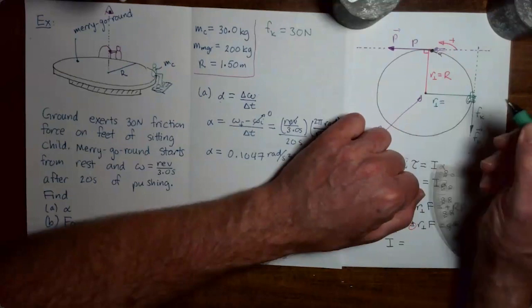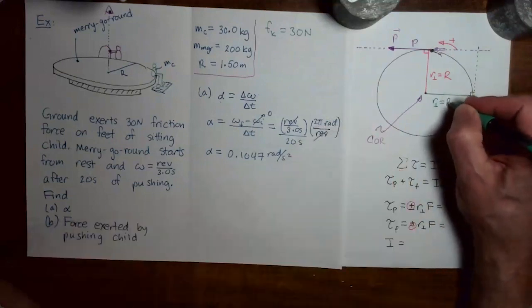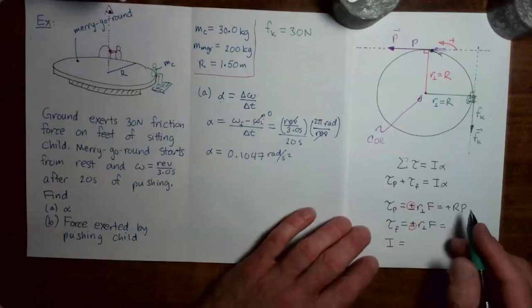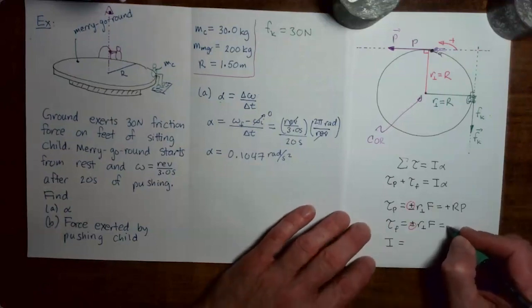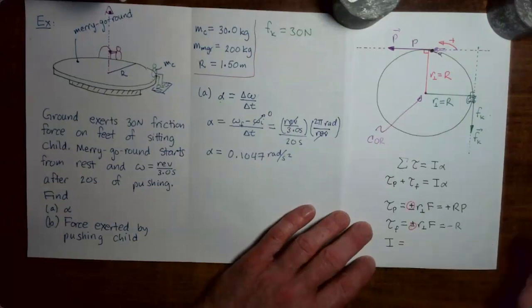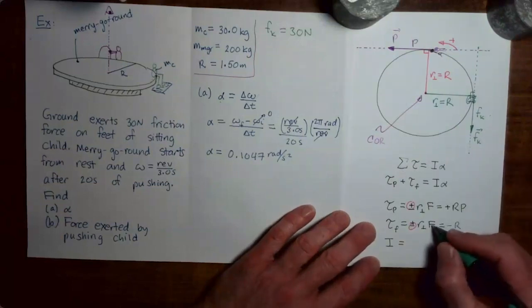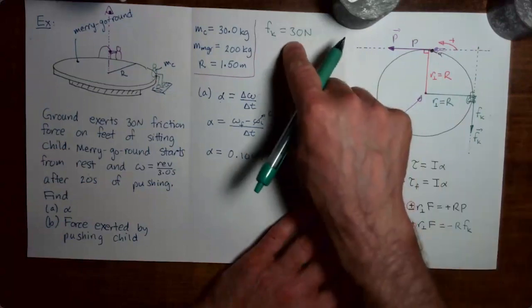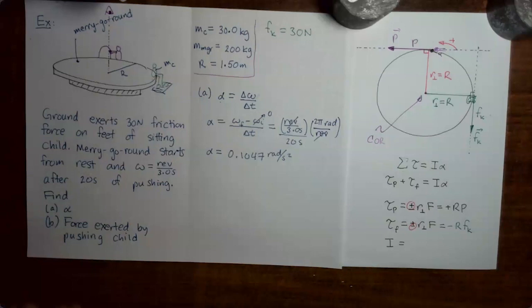But again, that moment arm is just equal to the radius of the merry-go-round. So coming down to here, we now have that the torque from friction is minus, moment arm again, radius of the merry-go-round, and in this case, let's just put in that the magnitude of the force is Fk, which we already said was 30 newtons. Now for the moment of inertia.